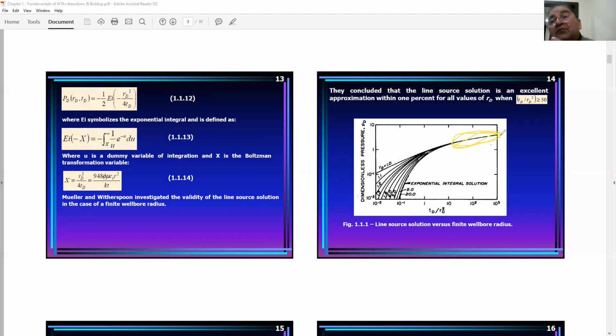At some time, there will be no impact of the distance from the wellbore. There will be only the impact of the time. This is what we can infer from the shape of the pressure behavior given to us in figure 1.1.1.